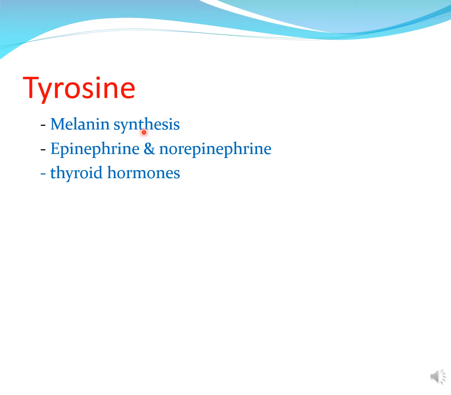It is the pigment of the skin, melanin, and its deficiency results in the condition called albinism. Also, tyrosine is a precursor for epinephrine and norepinephrine, very important neurotransmitters produced in the medulla and in the neurons. Thyroid hormones are also derived from tyrosine. So, a lot of useful and important substances are derived from tyrosine.